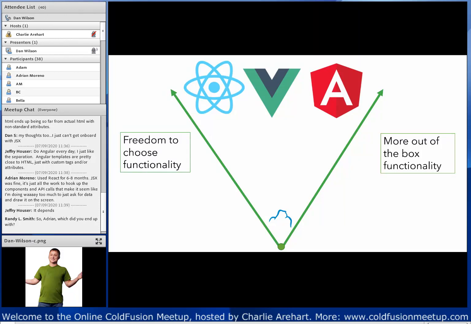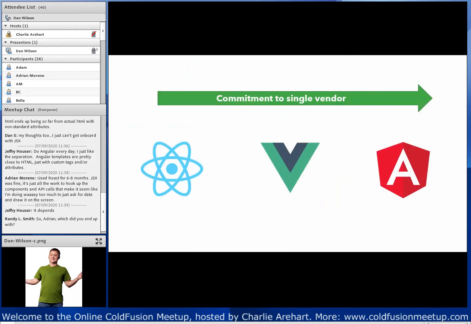Commitment to a single vendor works along the same lines. This is important because if you go back to my original slides and remember that whatever choices we make today are going to be the bad ones in 10 years, the more committed you are to a single vendor, the more stuff you're going to have to deal with if that vendor has a change of heart. The technology landscape is littered with things that were cool once and now aren't able to be used.